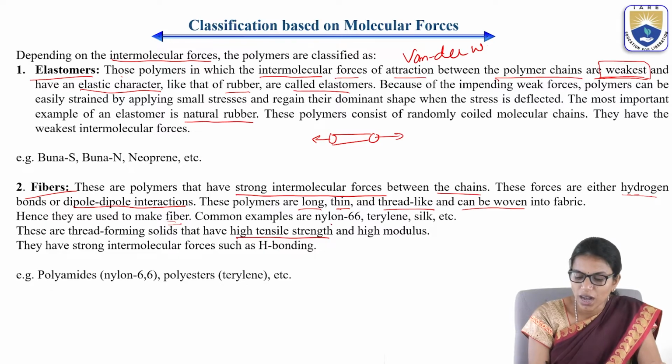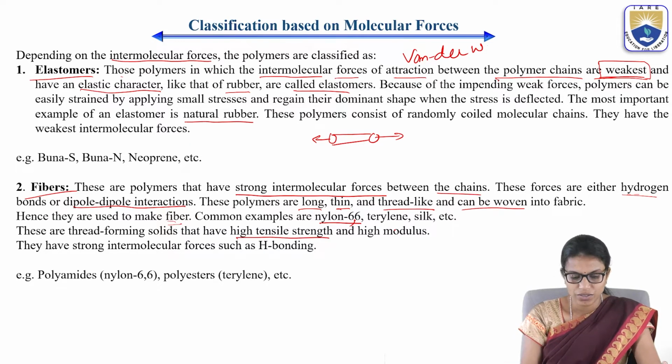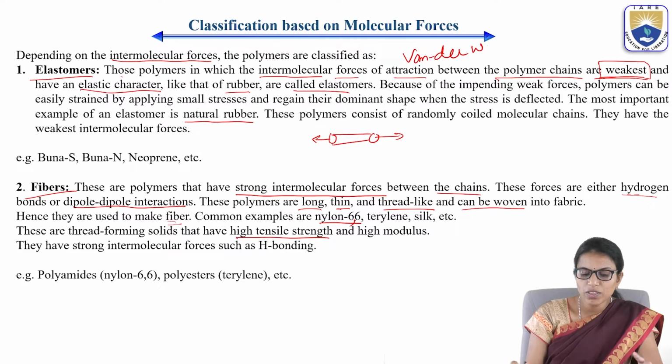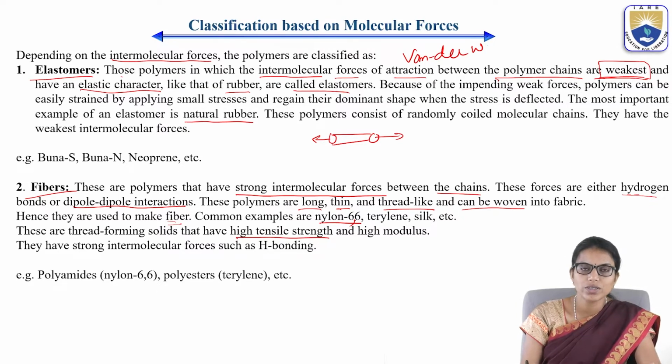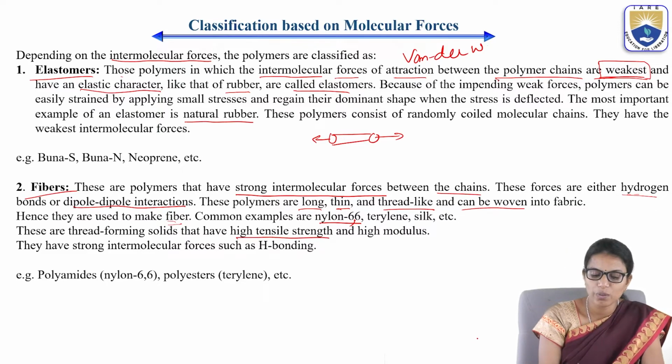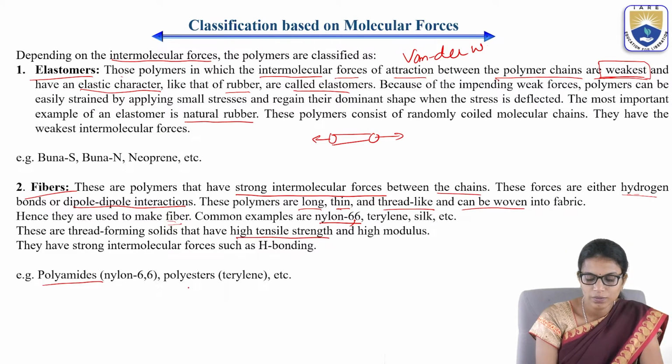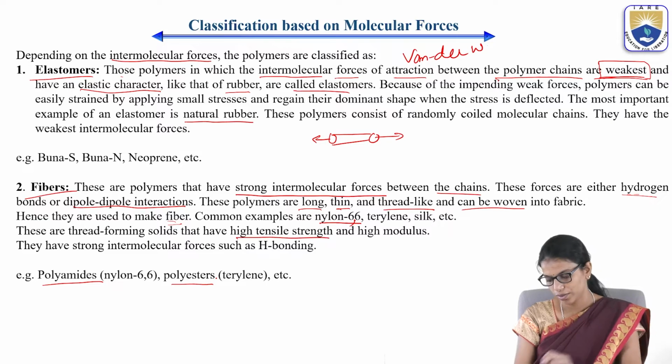Common examples are nylon 66, terylene, silk, etc. These are thread-forming solids with high tensile strength and high modulus. They have strong intermolecular forces such as hydrogen bonding and, as I have said, dipole-dipole interaction. For example, polyamides, polyesters, etc.